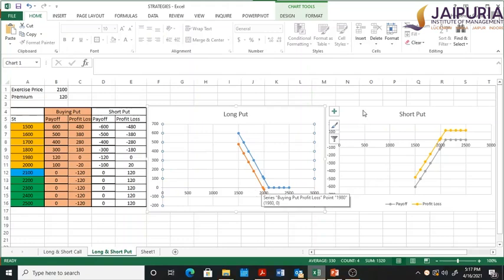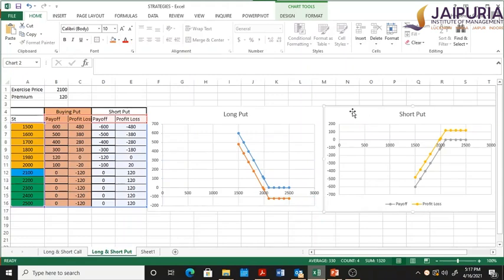Let's look at the situation of a person who is selling the put. The person who is selling the put, quite obviously as I mentioned, will have a totally reverse chart. He will be gaining if the stock is going up, because if the stock is going up, the buyer will not exercise his put option, therefore he will gain the premium. So this is the gain which is happening to him, but he will end up making losses also.